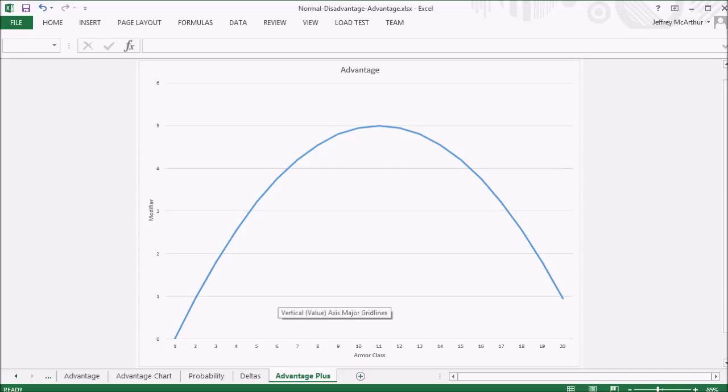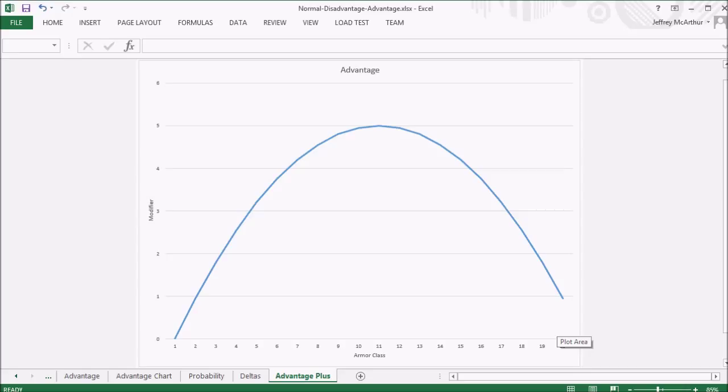So this tells us a lot about the way advantage and disadvantage works. It has a larger effect in the middle range and less effect as you get out there. Basically, if it's a high armor class 20, it's only a plus or minus 1.